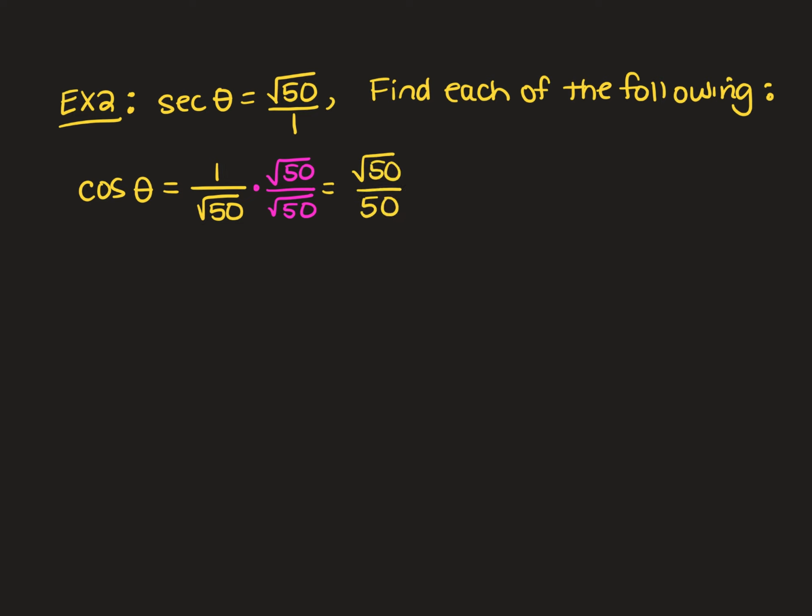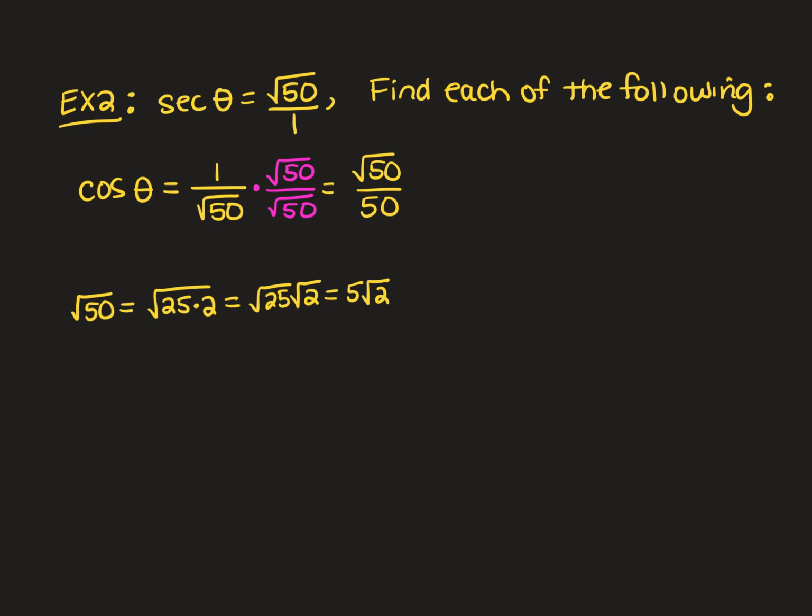Now, here's the thing. Your given information was not fully simplified. So the square root of 50 we can simplify, and I'm going to do that kind of off to the side here. So the square root of 50 I can think about as the square root of 25 times 2. Now I chose 25 because that's a perfect square. When I simplify that a little bit further, I can think of those independently and I can say, well, the square root of 25 is just 5.